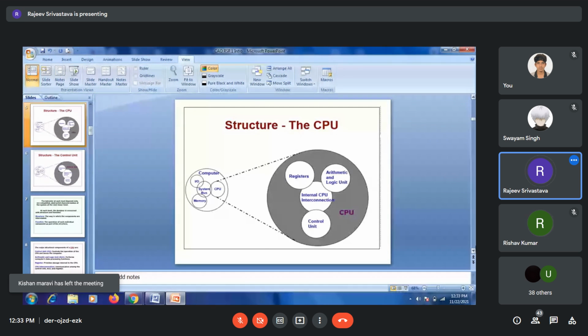So in the whole computer, the CPU is the most important thing, and within the CPU, the control unit is the main part. The control unit controls all the operations which are being done in the computer system while we are executing programs and other things.